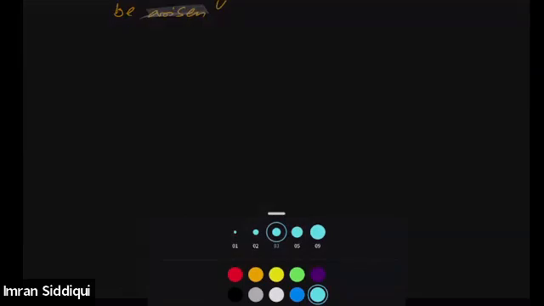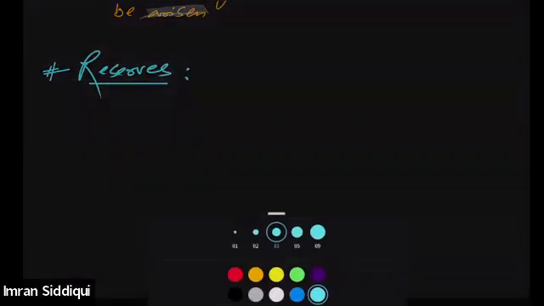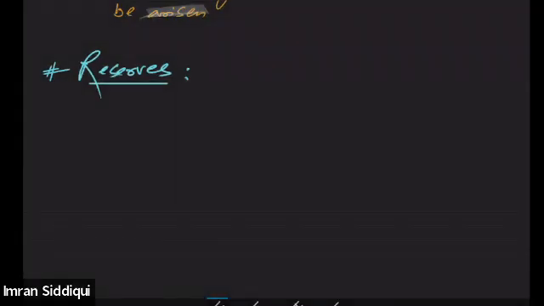Okay, now let's move forward and talk about the reserves. Let me first write everything down. Reserves are also part of profit which is kept aside. Reserves are the amount set aside out of profit. But the difference between the provision and reserve is what? Provisions are always made before calculating the profit, before calculating the net profit.